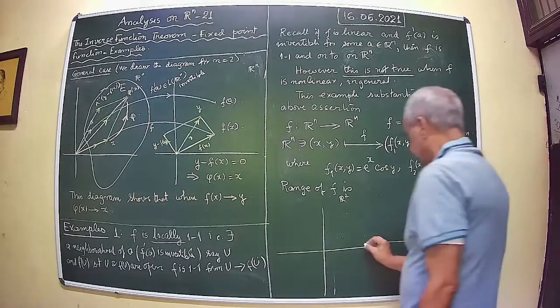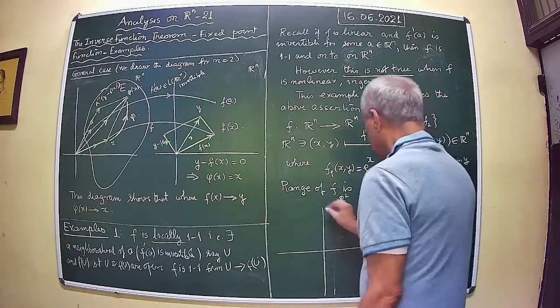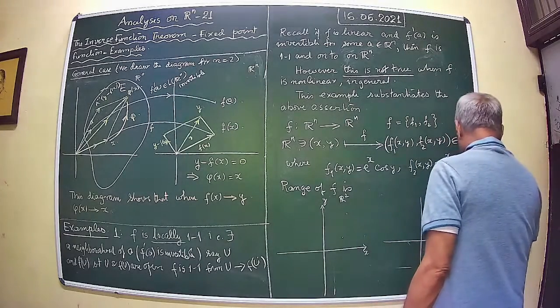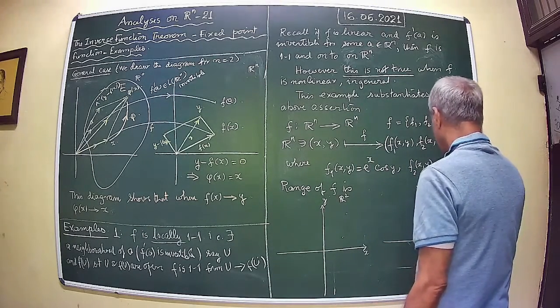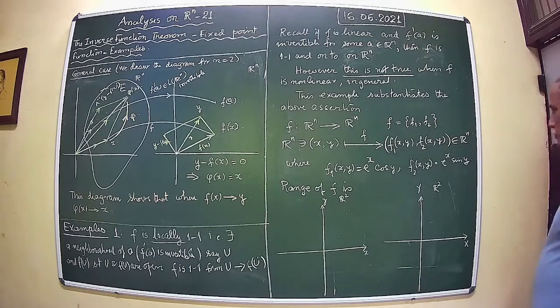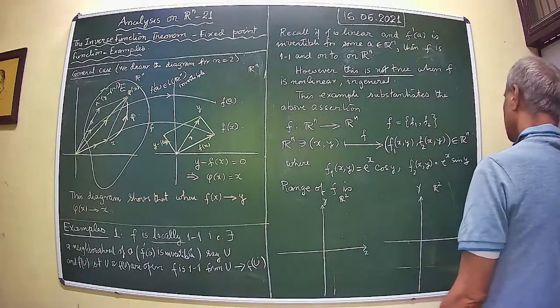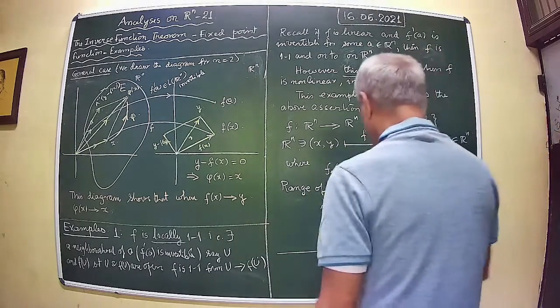So this is the x-axis, this is the y-axis, so you have x equal to f1 xy, y equal to f2 xy. Now this is what you have.